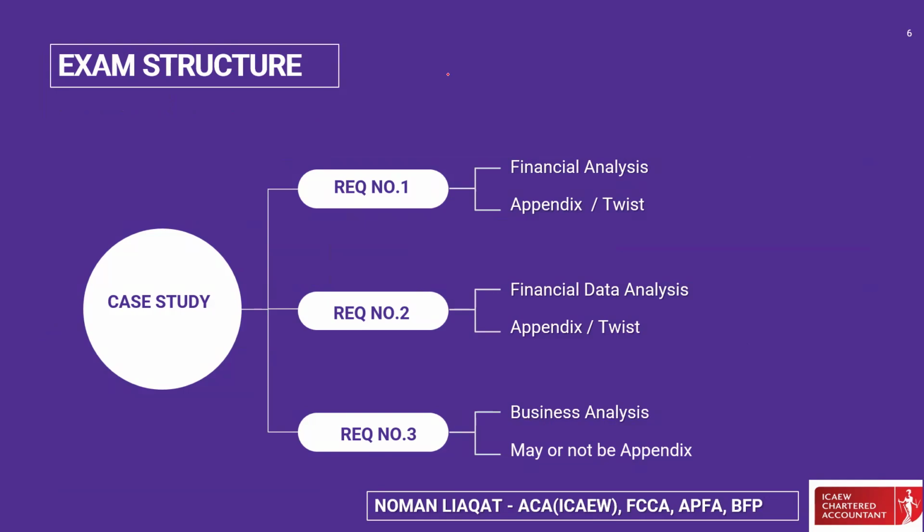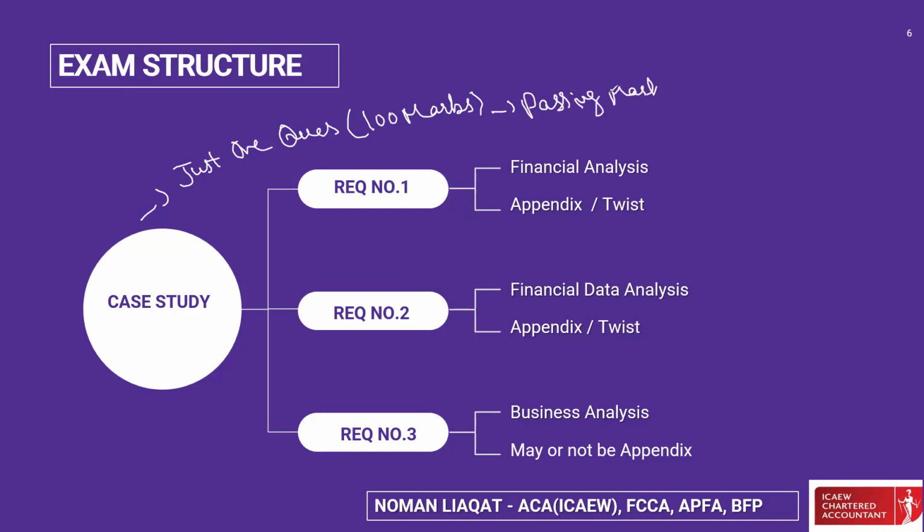Now let's talk about the exam structure. What is the structure of the ICAEW case study exam? In the case study, we have just one question, and that one question is for 100 marks. Passing marks are 50%.